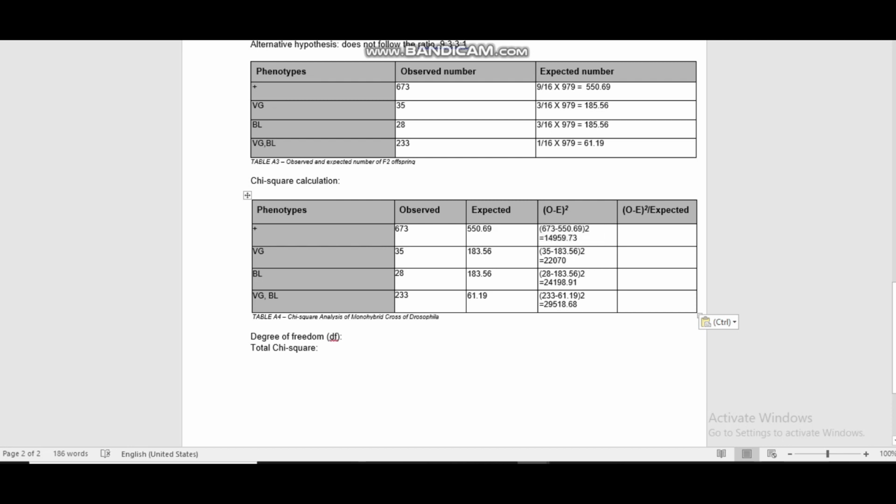In order to find this value, we must divide by expected. So this value divide by expected. So we got this.